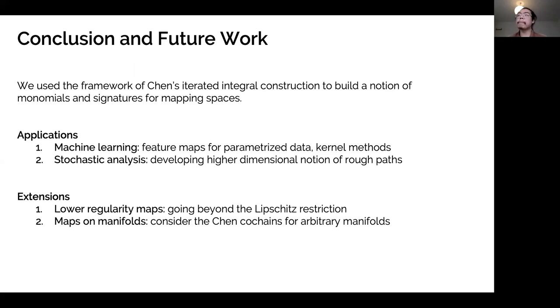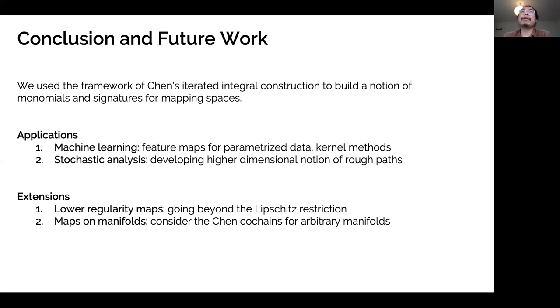So an example in machine learning would be data that takes the form of images or videos. These are normally in rectangular domains, and we can think about this data in a more natural way.